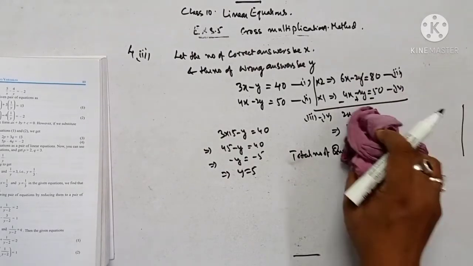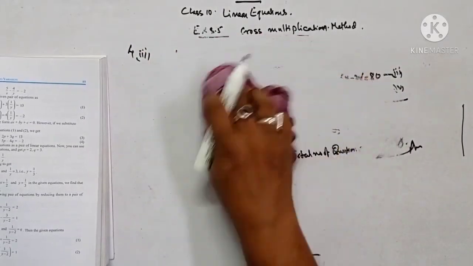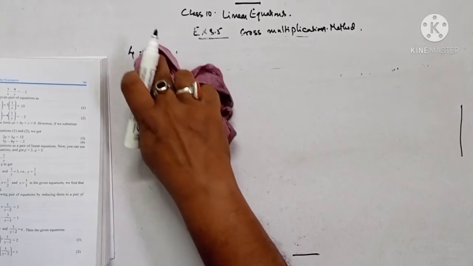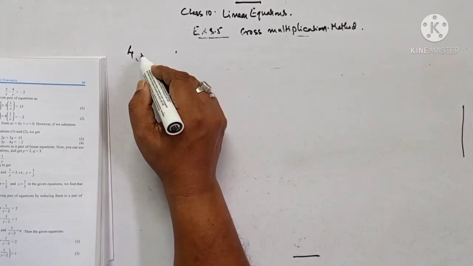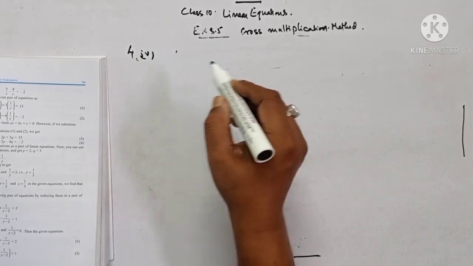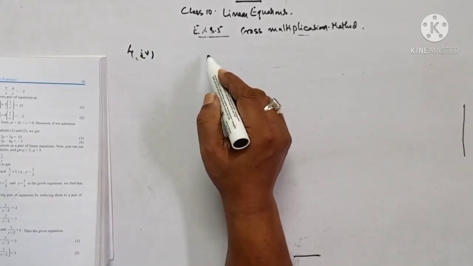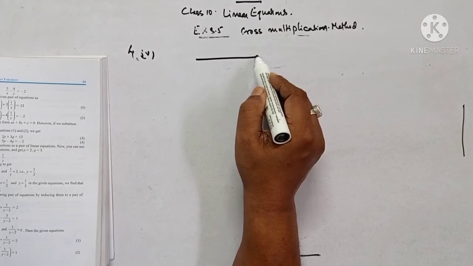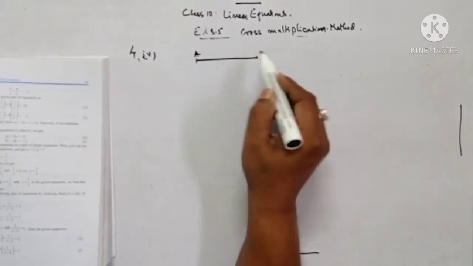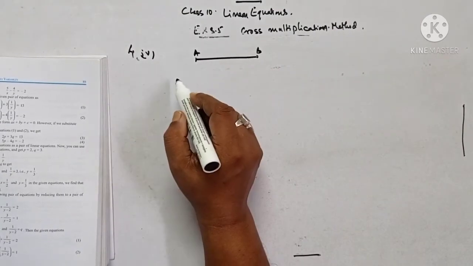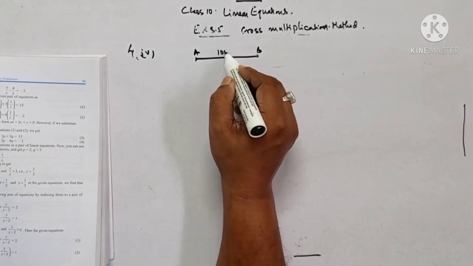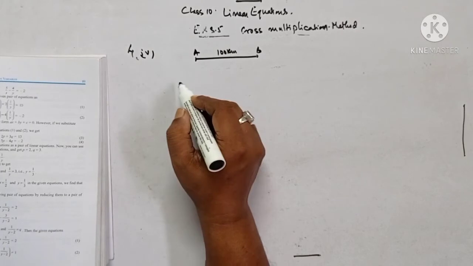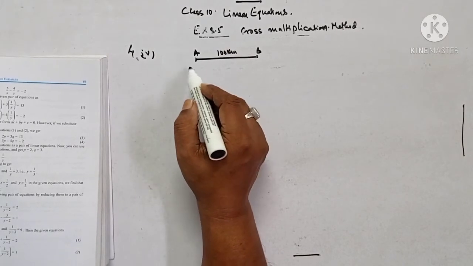Now I am going to question number 4. The question here says that this is A and this is B. Here on a highway, they are 100 kilometers apart.